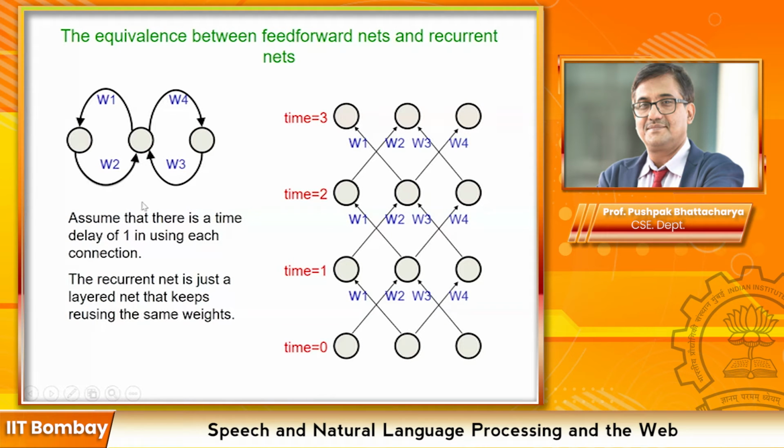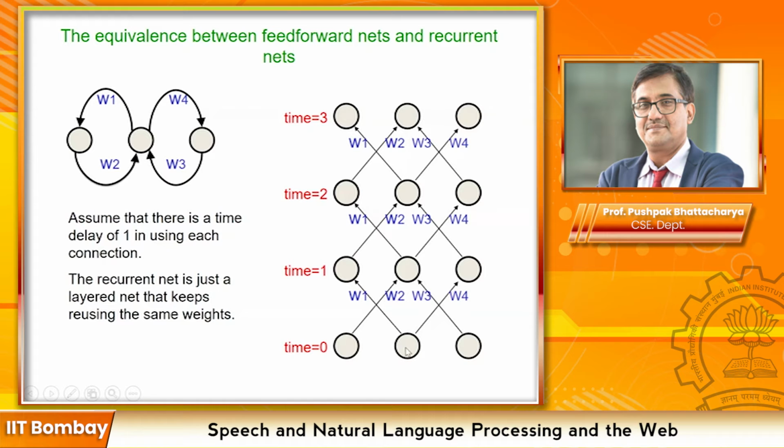The first, second, and third neurons are put down at time step 0. At time step 1, the same three neurons are replicated. Time step 2, time step 3, same three neurons replicated. The connection is preserved with respect to the feedback and feed forward connections.